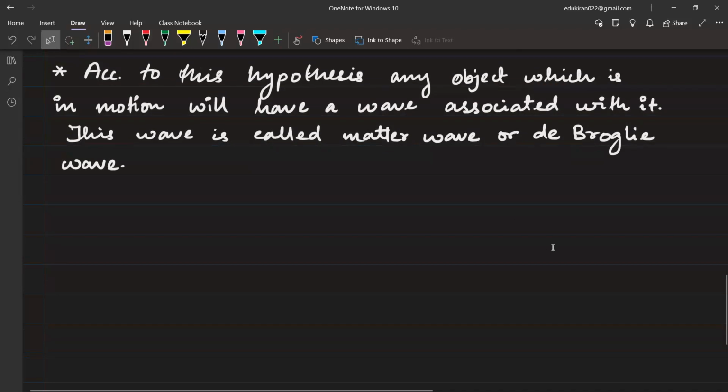Please see, everyone. All of you know the famous equation of Einstein, E equal to mc square, right?